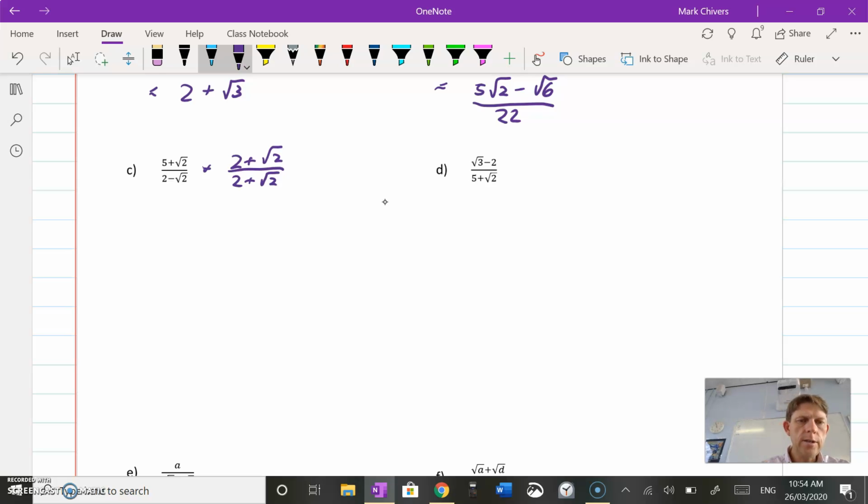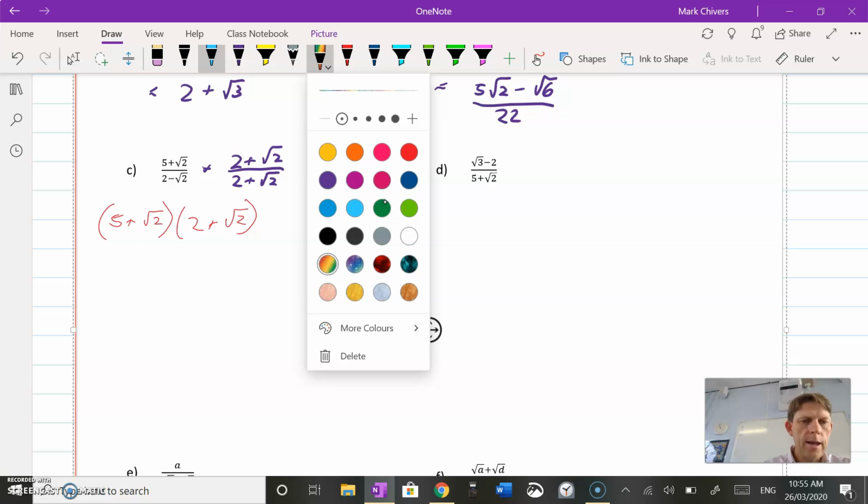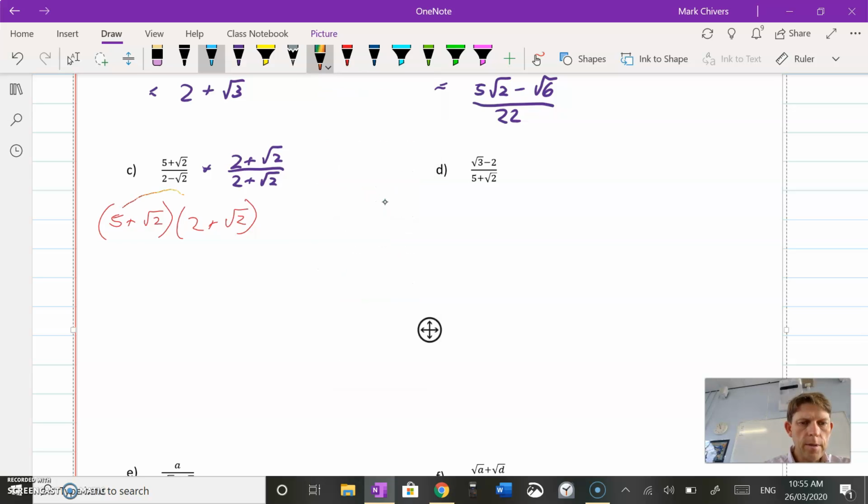So as I do this, now I've got a binomial, so when I look at that top, I'm going to end up with basically 5 plus root 2 multiplied by 2 plus root 2. So I'm going to have to use the claw method. For that, I'll grab my rainbow pen because that's fun, and we'll make our rainbow claw.